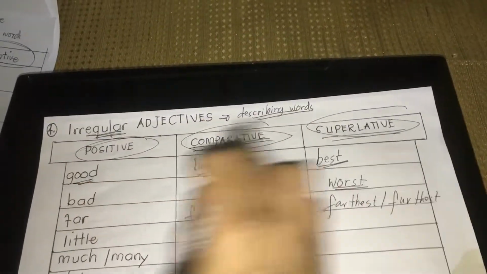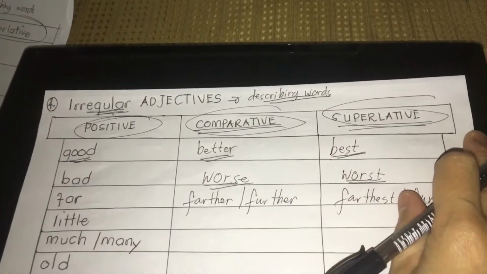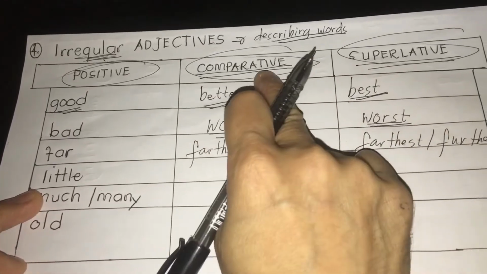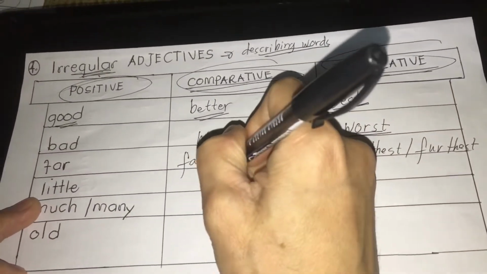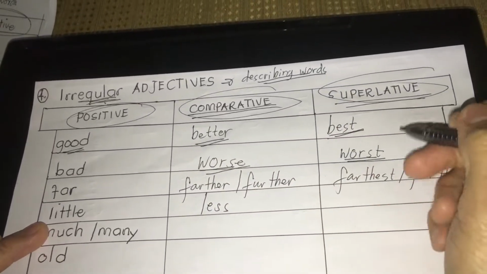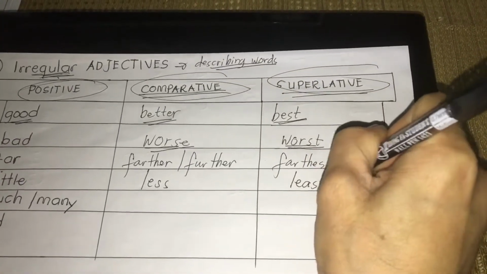Positive, no comparison; comparative, two; superlative, three or more comparison. Little. Little means, class, in forming comparative and superlative degree, since this is irregular, little becomes less. Then superlative, class, you can write least, like that.